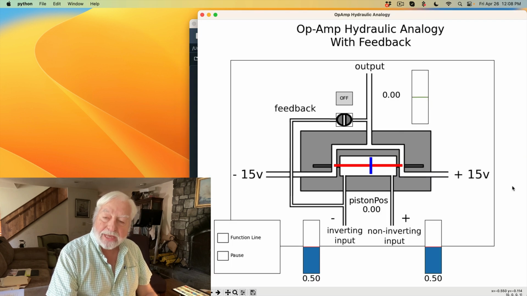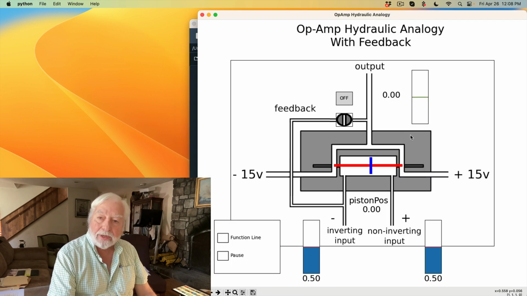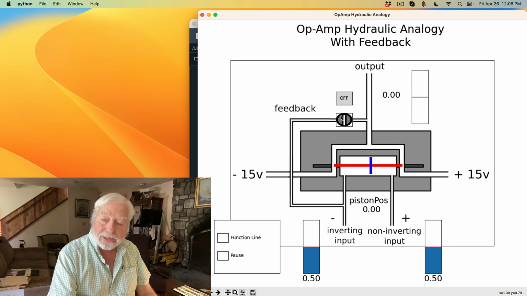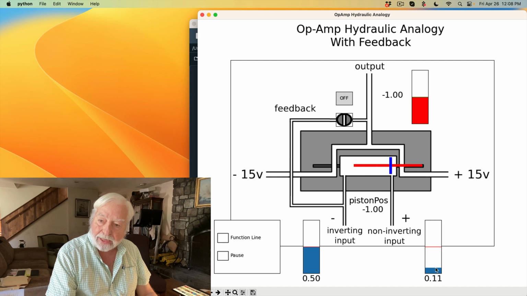And here we have the same arrangement as before, but now we have a feedback connection with a valve from the output back to the inverting input. So if I have the valve closed, we get that bang-bang kind of comparator function going on.